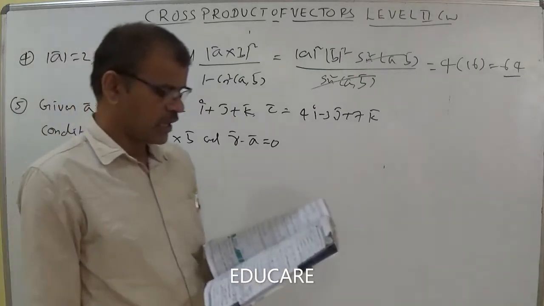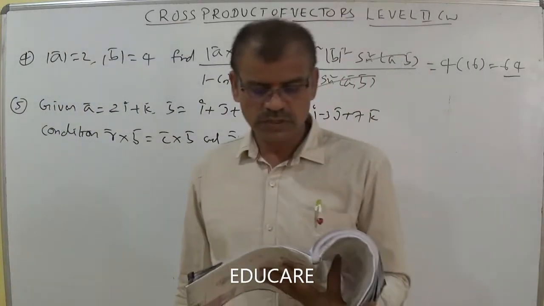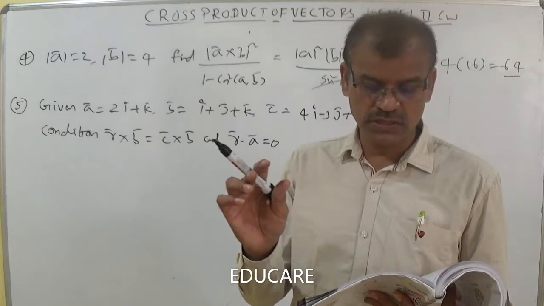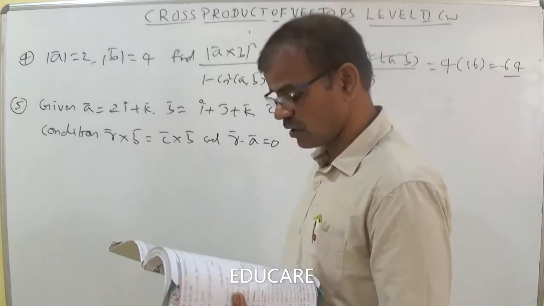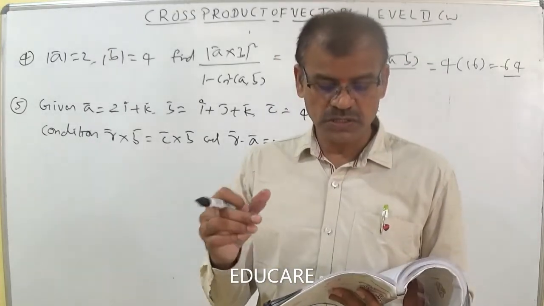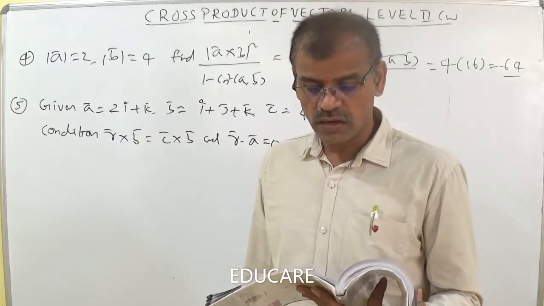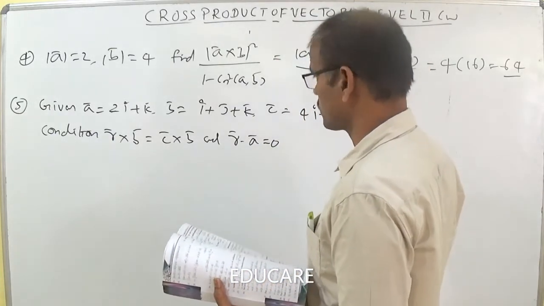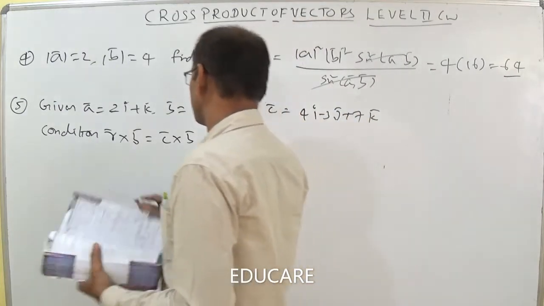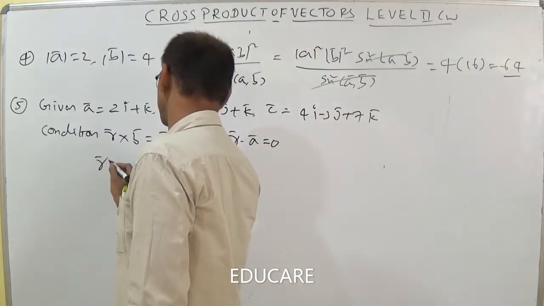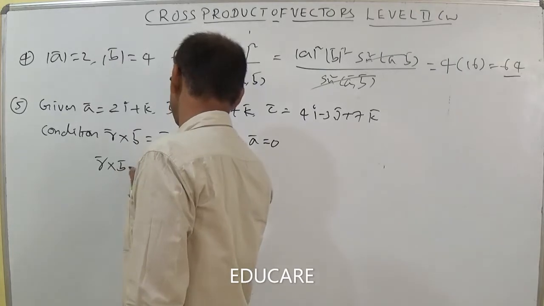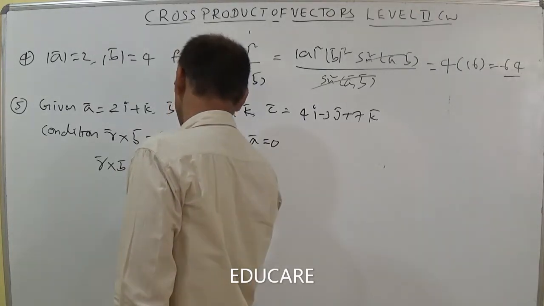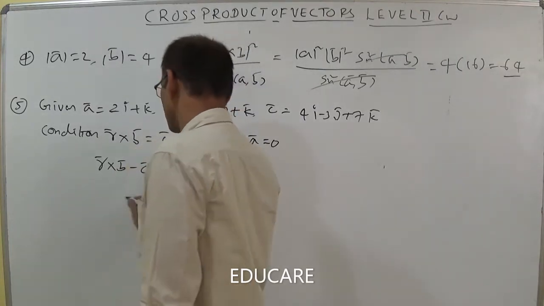Then we should calculate the vector r. Let us discuss this one. r bar cross b bar minus c bar cross b bar equal to 0.